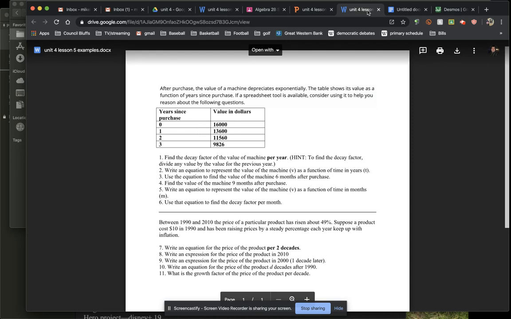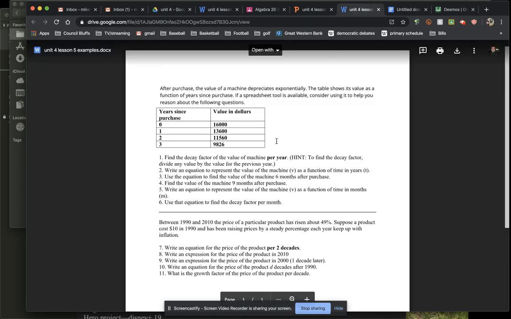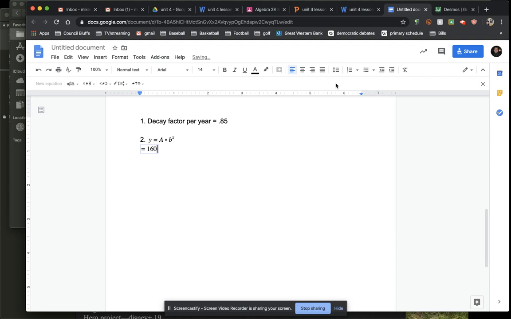Number two, write an equation to represent the value of the machine as a function of time in years t. So we're going to use our exponential decay formula. In this case, my initial value of the machine is 16,000. We've already said my decay factor per year is 0.85.